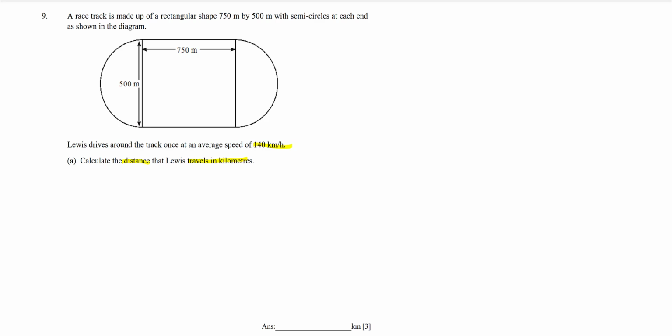So just bear in mind our units currently, 750 meters, 500 meters, are in meters. So at the end we'll need to convert our answer to kilometers. So we'll start by working out the circumference of this semicircle here.